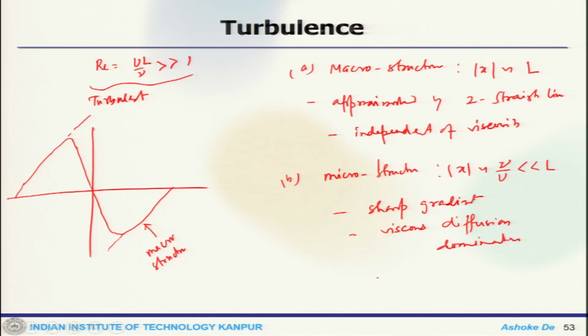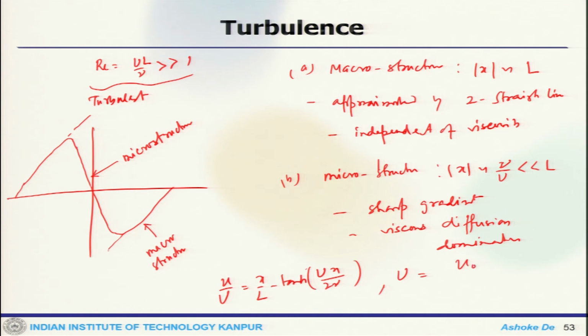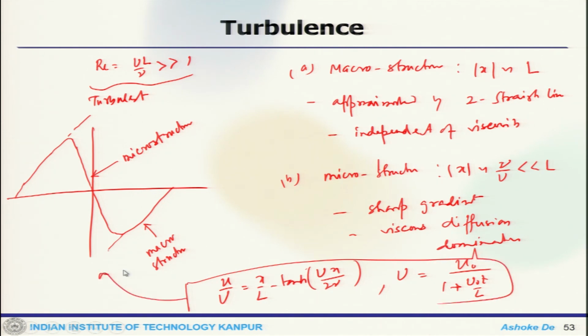So, these are my solutions of microstructure. So, the single solution which we have, u by capital U equals to x by L minus tanh of u x by 2 nu, where I have u equals to u naught by 1 plus u naught t by L. So, this solution is plotted here, and there could be two types of structure which will influence that.